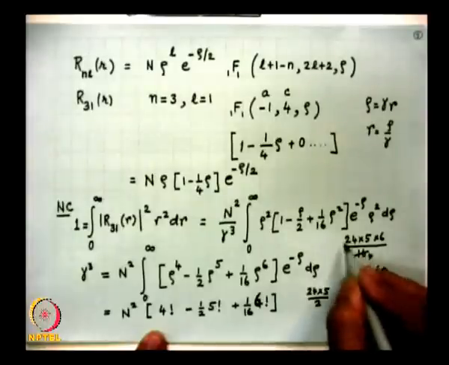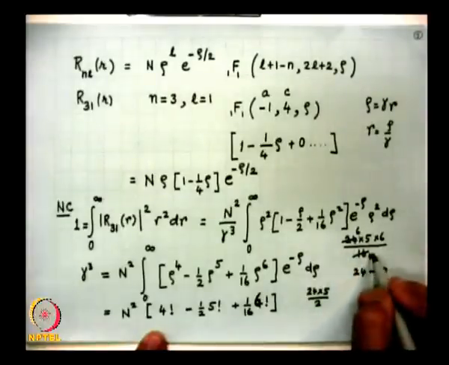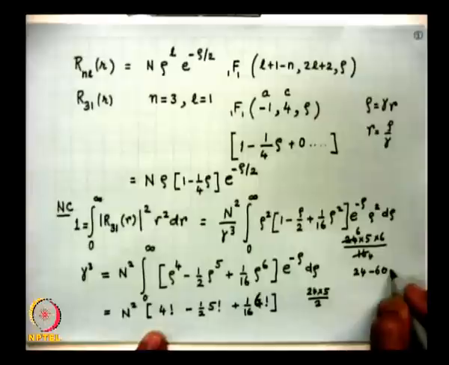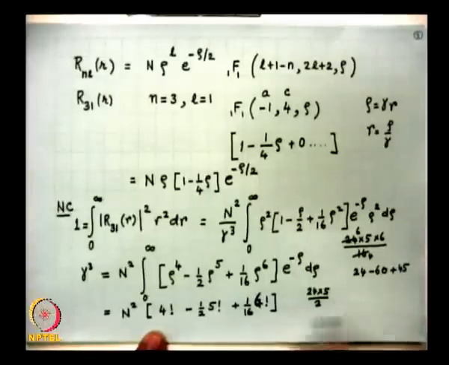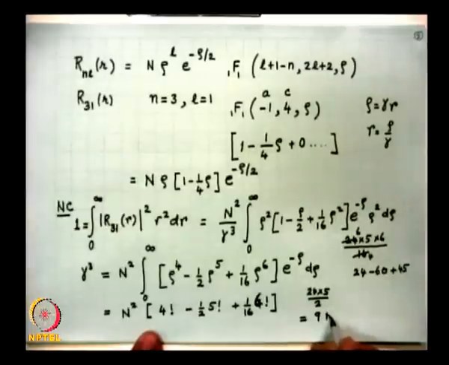So, this is 45. So, this is just 9. So, this is 9 N square.